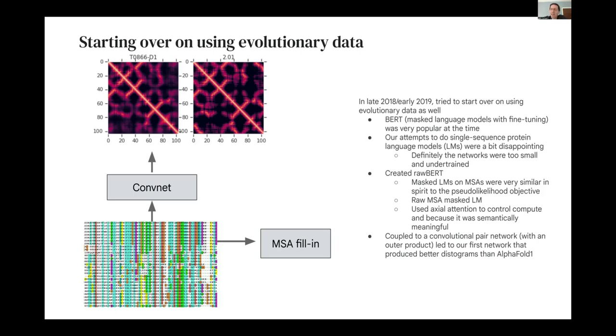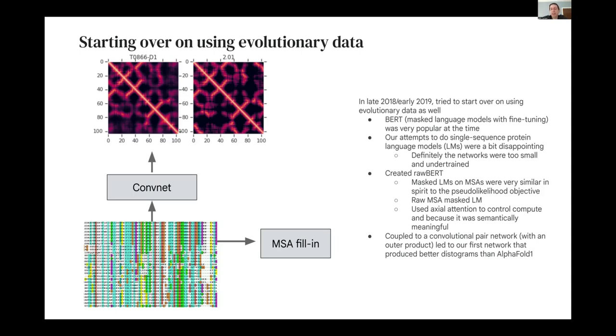We had seen Bjorn's raw MSA paper, although I'm not sure how much we thought about it at the time, other than that convolutions were weird to use in it. But I started to play with this idea: there's a really clear connection between pseudo-likelihood-like objectives, what is the residue given a linear model on all the other residues, and BERT.